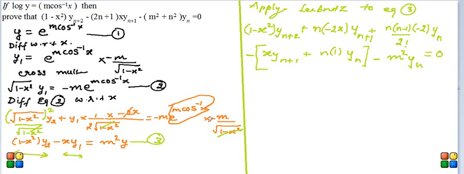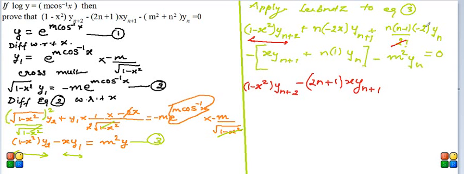Now final step, as we know, first term is same always for us. So 1 minus x square y n plus 2. I am taking common from second and fourth, x y n plus 1. Minus is also common over here, so I am taking minus. I am left with 2n plus 1 x y n plus 1. Here too, this 2 cancels with this 2.